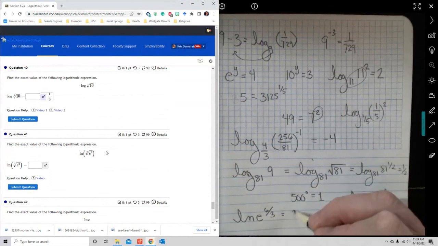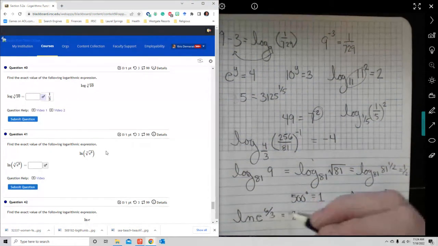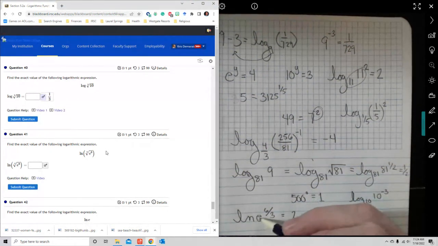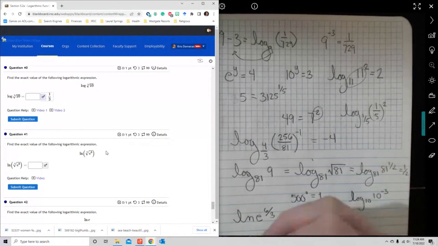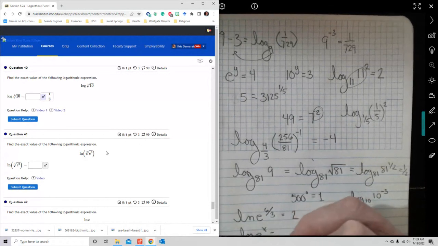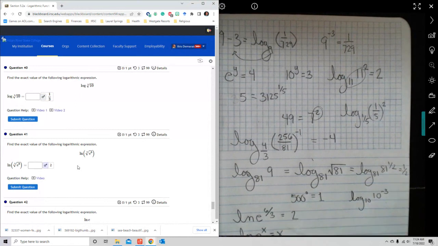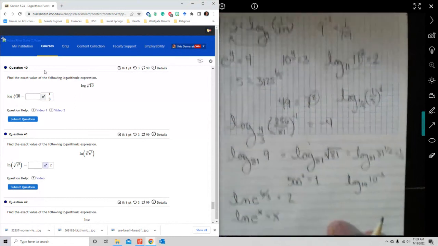So our answer is 2, because ln of e raised to some power is equal to whatever that power is. So here's a property, make sure you remember: ln of e to the x equals x. All right, so the answer is 2, because 6 divided by 3, by the way, is 2.